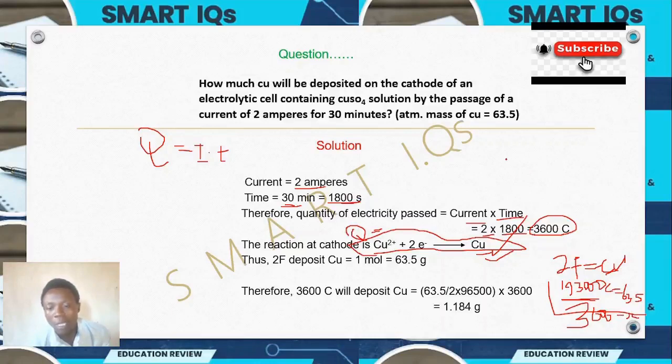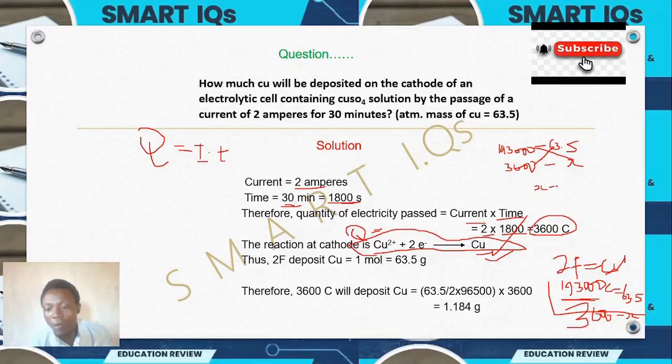If 193,000 coulombs gives us 63.5 grams of copper, what will 3600 provide? So as simple as ABC, cross multiply. When you do that, you have your X.